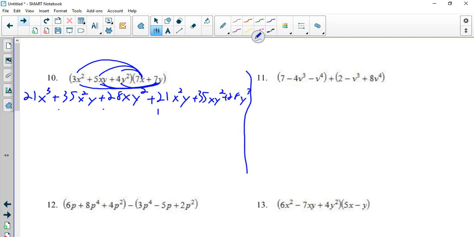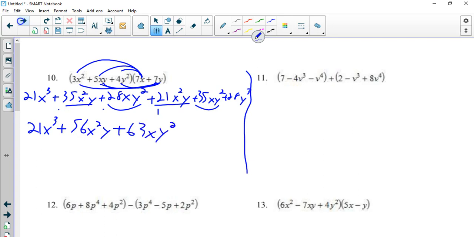Now, when we combine like terms, the x squared y will join here, the xy squared will join here, which will lead us to a final answer of 21x cubed plus 56x squared y plus 63xy squared plus 28y cubed.